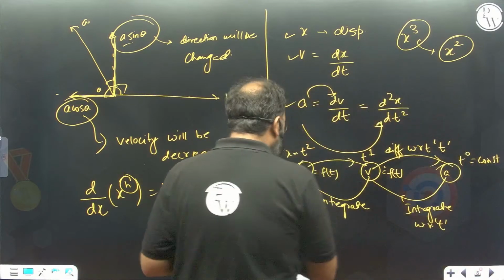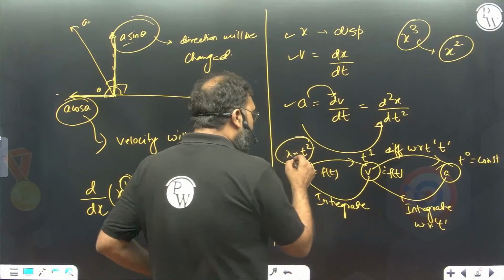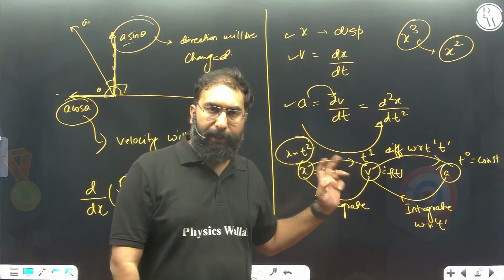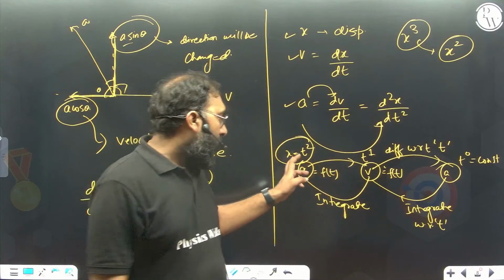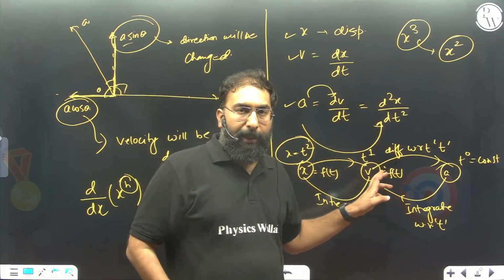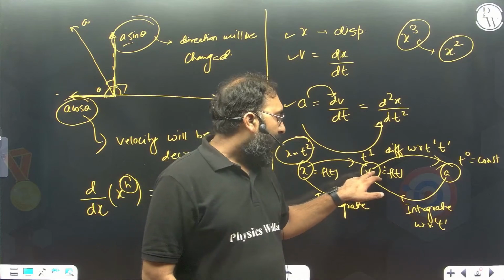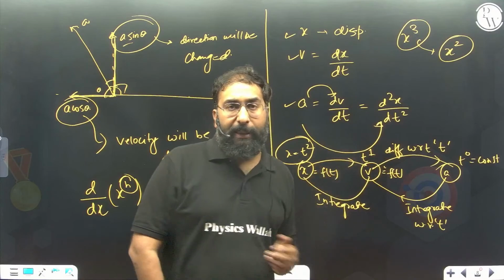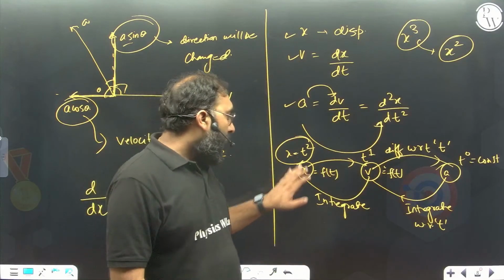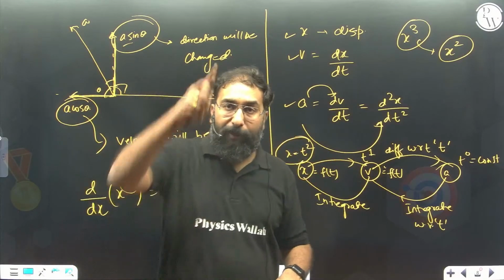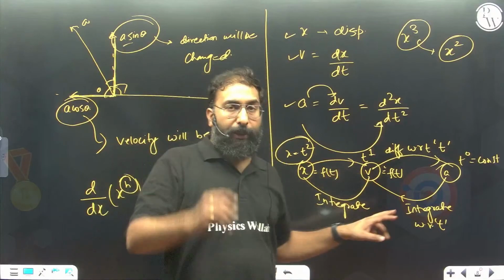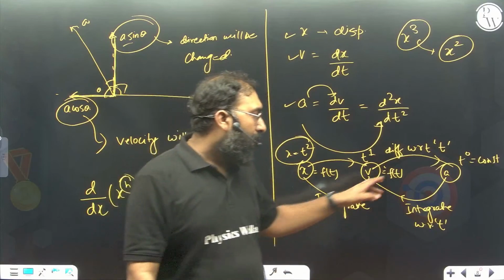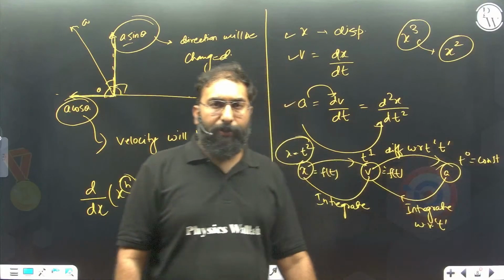If x equals some t square, it means it is a parabolic function. If you differentiate it, you get velocity, and velocity is a function of t raised to the power 1, which means it is a linear function. So if your displacement versus time graph is a parabola, then the velocity versus time graph will be a straight line, and acceleration will be a constant.